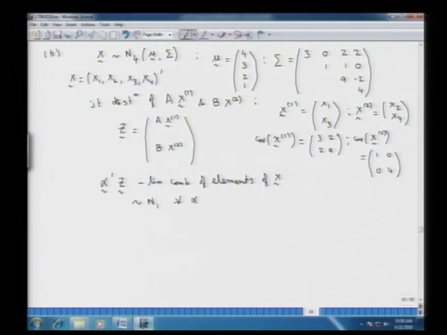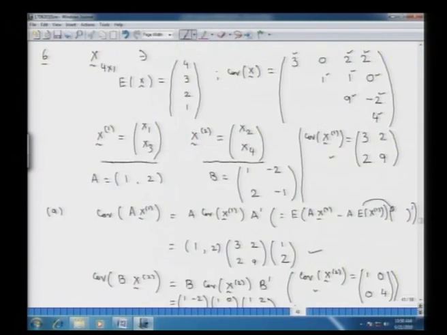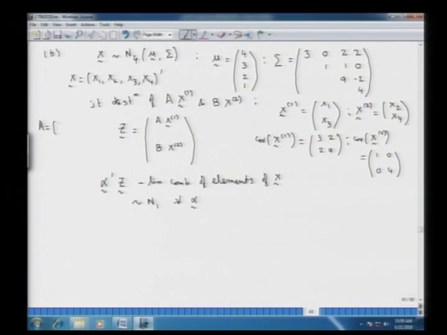This is true for every alpha in the appropriate space generated by the dimension of this particular vector. What is the dimension? We may note that A was 1 by 2 and B was a 2 by 2 matrix, and hence the order of this subvector BX2 is 2 by 1.